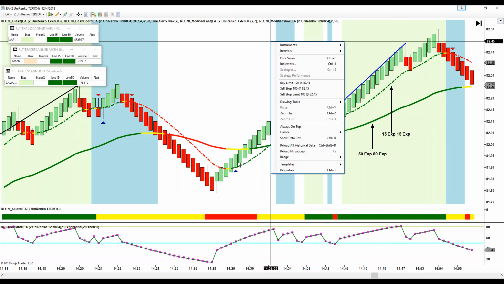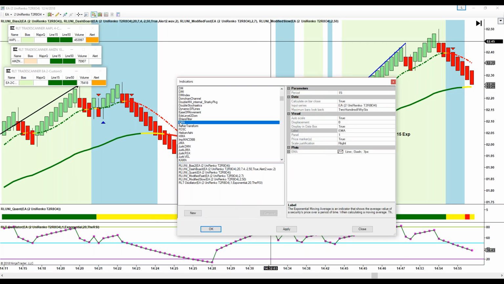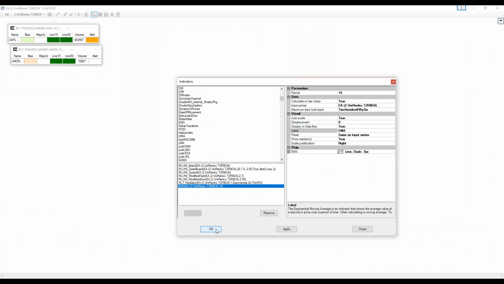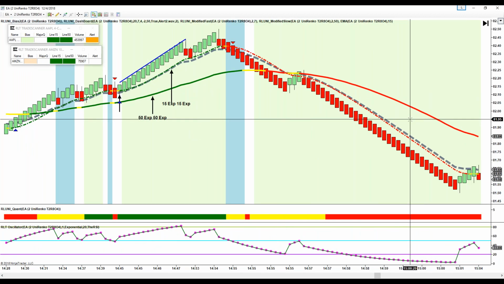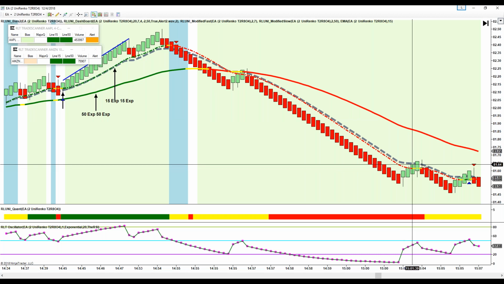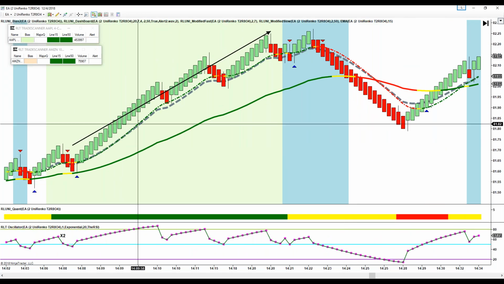And I'll show you real quickly. If you take your 15 EMA and stick it in, it's much more subject to little tweaks in price, whereas our indicator is much smoother.